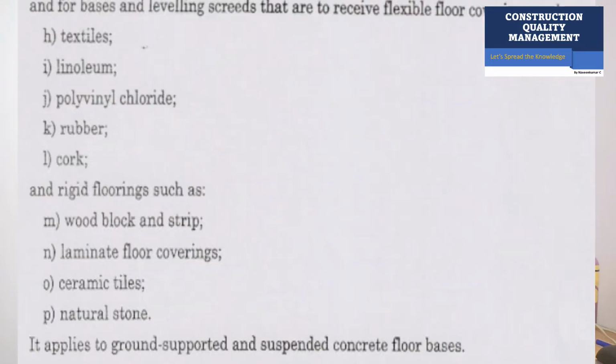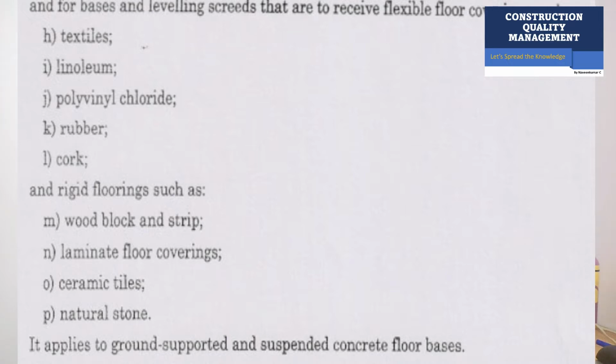As I mentioned, there will be other final top layers on the screed. What are the top layers generally we see on the screeds? This final layer could be anything: a textile mat, polyvinyl chloride mats, rubber mats, cork mats, especially where it is slippery, to avoid slipping.